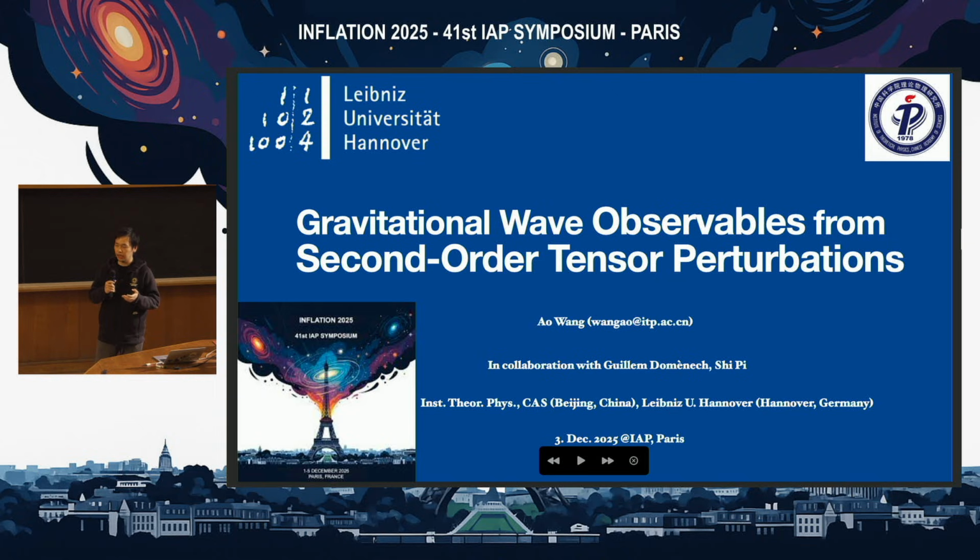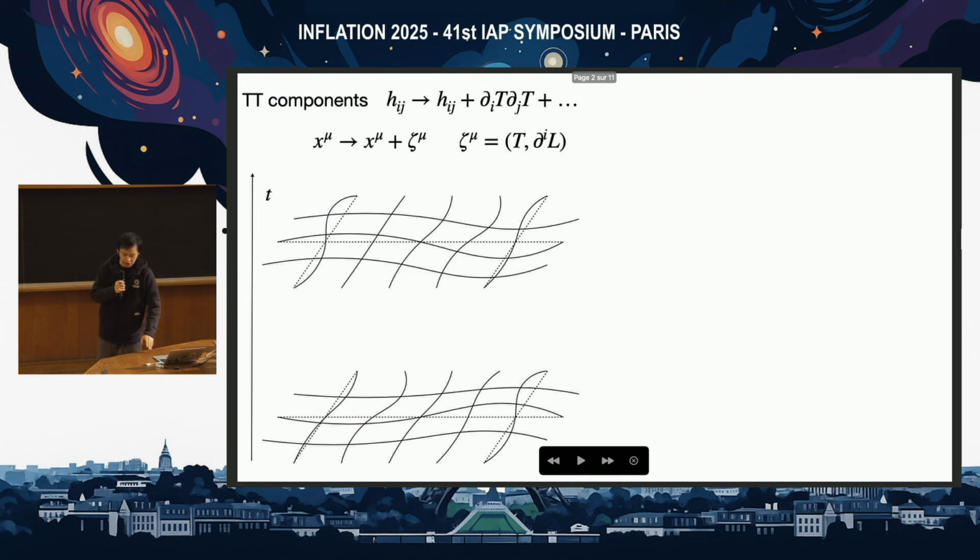For example, the gravitational wave induced by density perturbation is a type of second order gravitational wave, and it could be detected in future experiments or even be relevant in current pulsar timing array data. So the question appears because in this case, the transverse traceless part of the metric perturbation, which we usually use as a gravitational wave observable, is no longer gauge invariant.